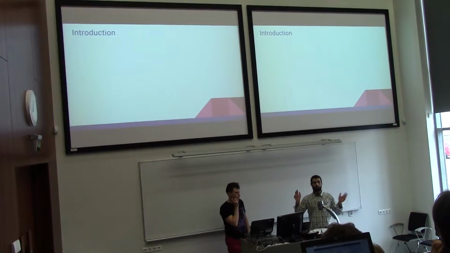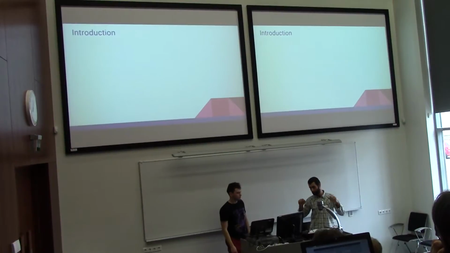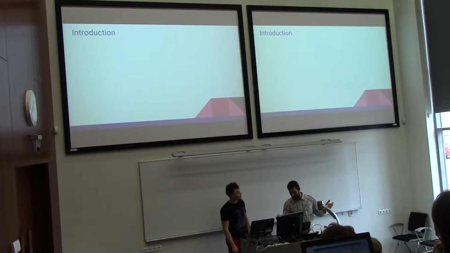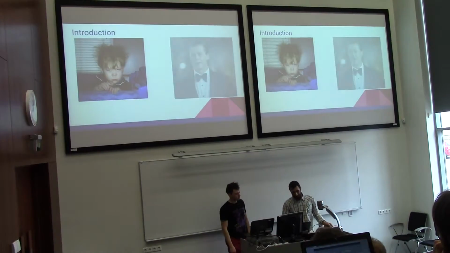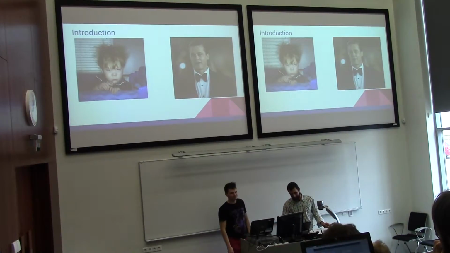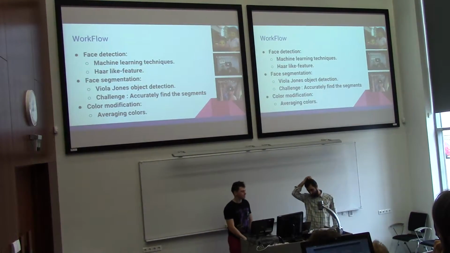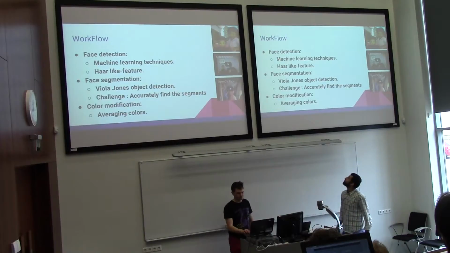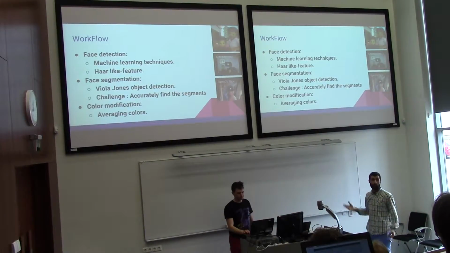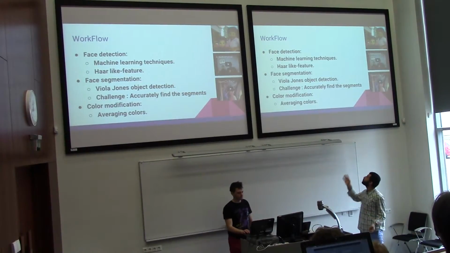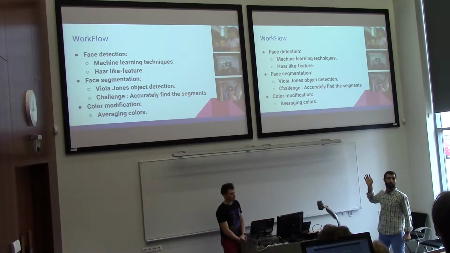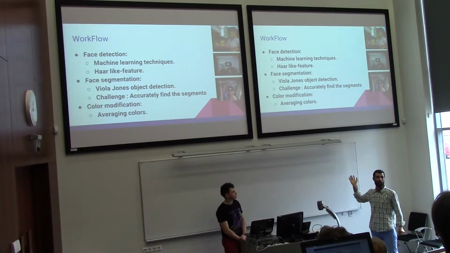So for example, the idea is that if you wake up in the morning and you have an interview on Skype in 3 minutes, we won't convert to private, of course. So what we are planning to do, first we make face detection, and we have 2 ways to do it. The first way uses machine learning techniques like neural networks or deep learning.